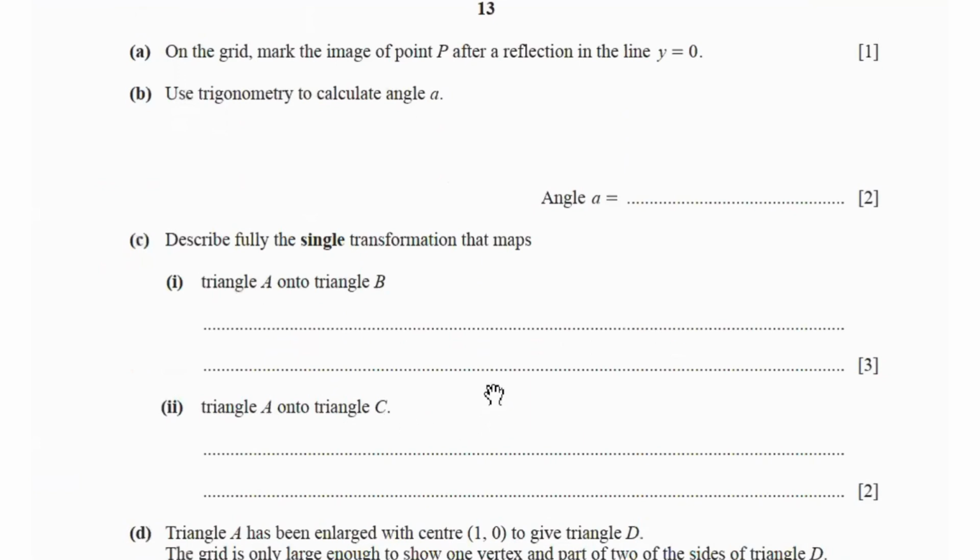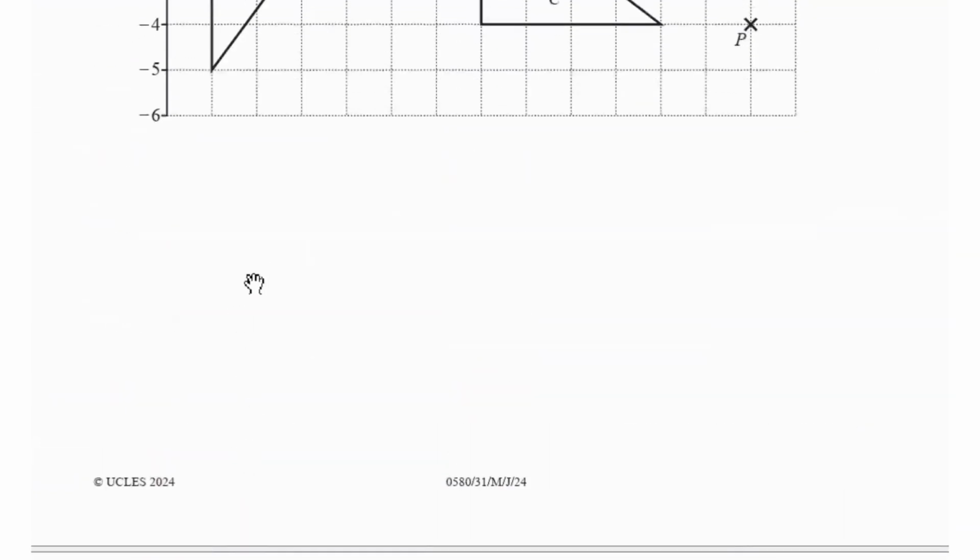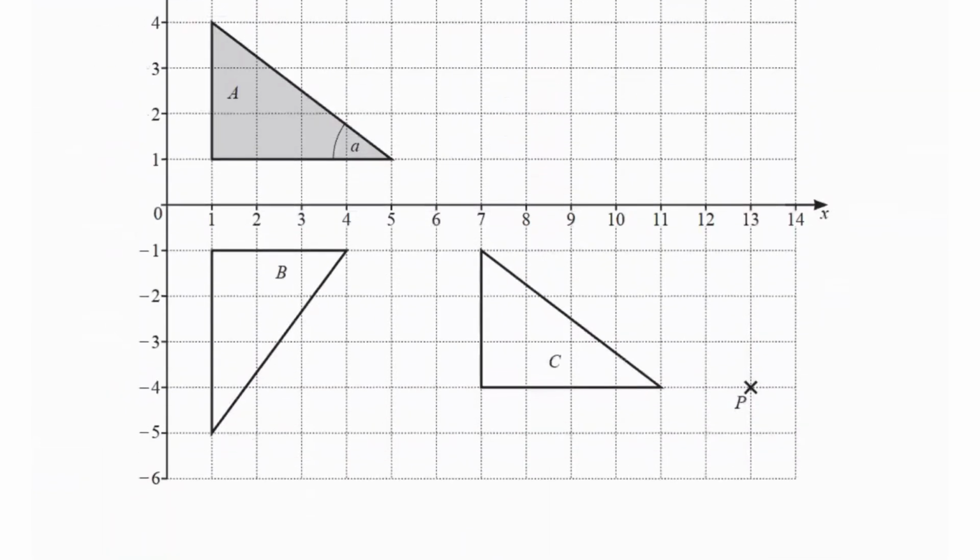Then triangle A onto triangle C. This is clearly a translation. Why? Because the direction of the shape is exactly the same. There is no difference in that. So what we can do is pick a point over here and the same point on shape C and see how the coordinates have changed.